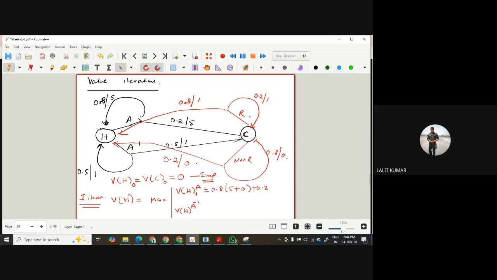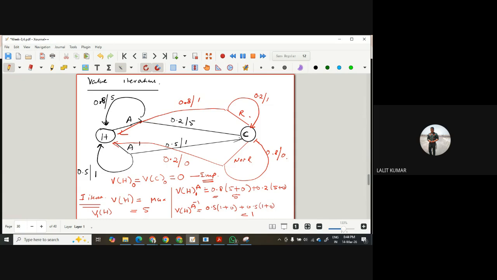Then 0.25 plus 0. So this becomes 4 plus 1, 5. Not advertise: again, if we see this is 0.5, 1 plus 0 plus 0.5, 1 plus 0. So this becomes 1. So your value is 5. So your V1H becomes 5.